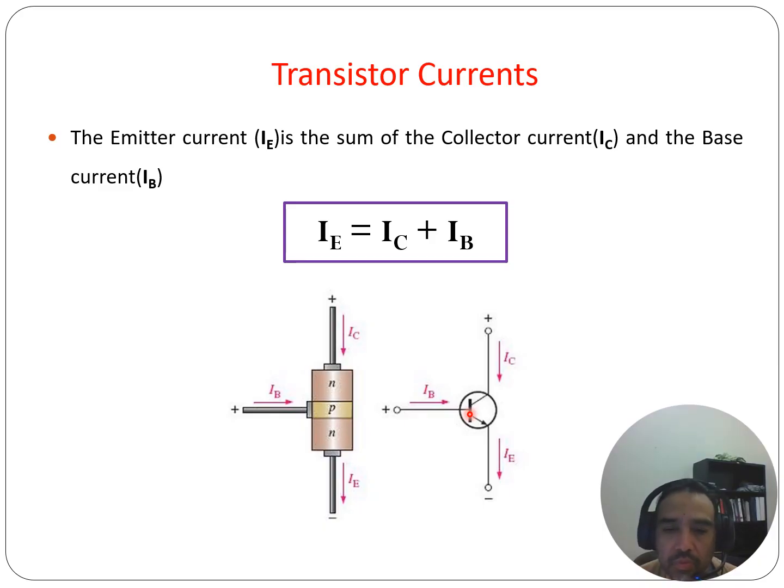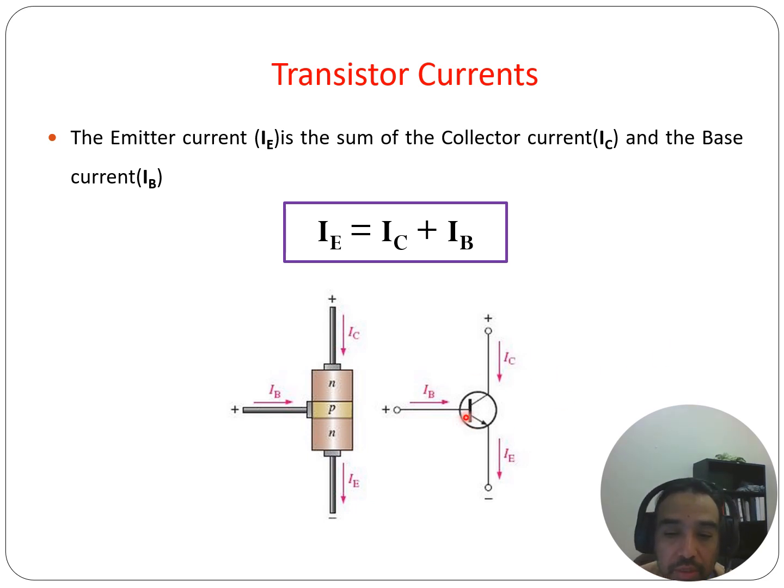That's what I was told 40, 50 years ago. So that's a nice way of remembering it. NPN, not pointing in, meaning the arrow's pointing out. And if it's a PNP transistor, it's just that the arrow's pointing in. If you remember NPN, then you know that PNP is pointing the other way.